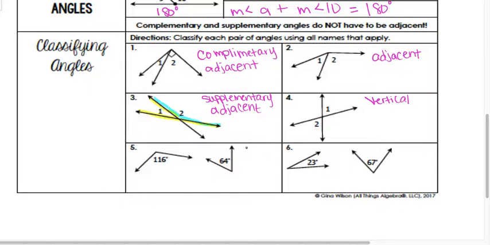All right, so moving on to number 5. Go ahead again and push pause and see if you can determine what this would be. Okay, you've got two different angles, and I know that they're not side by side and you're not used to that, but whenever you add them together, what do you get? Okay, so go ahead and push pause.